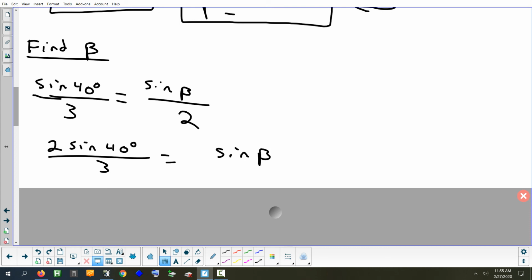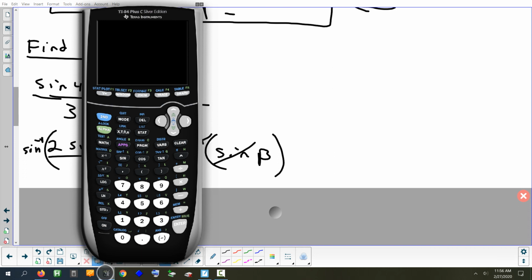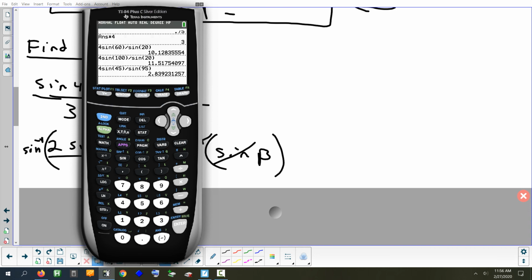Now, remember, the goal here is to find beta. I don't want to know sine beta. So how do I get rid of it? Yeah. Inverse sine. Take the inverse sine of what's on the right. Take the inverse sine of what's on the left. So let's type in inverse sine of 2 sine 40 over 3. Don't try to cancel anything.